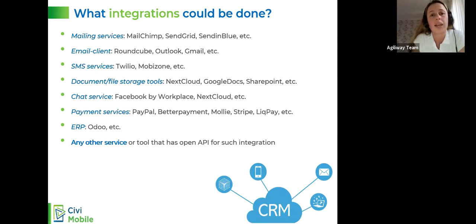Integrations were also made with Facebook Workplace, which they use as a chat, and with Nextcloud, which they also use as a document storage system. This was a very big political party with nearly 3,000 members, and they all used this functionality.